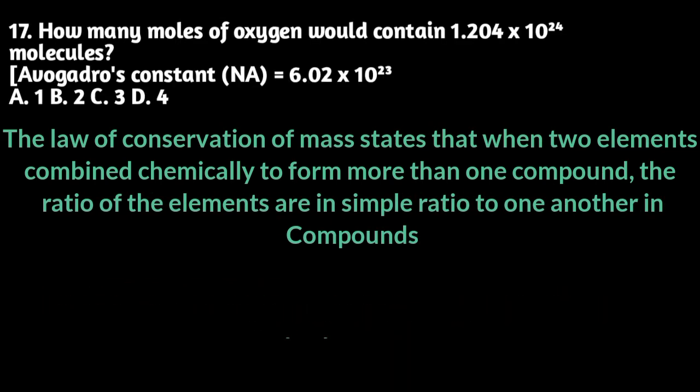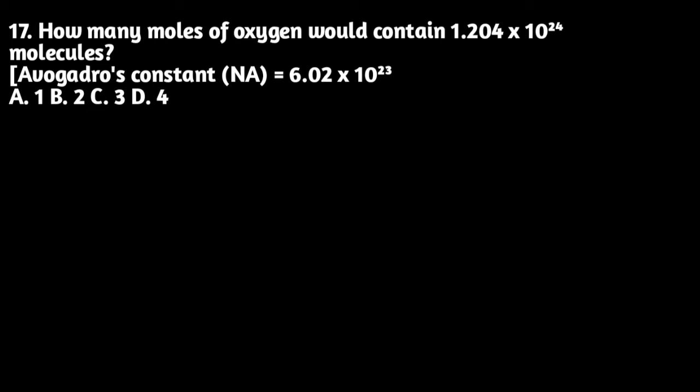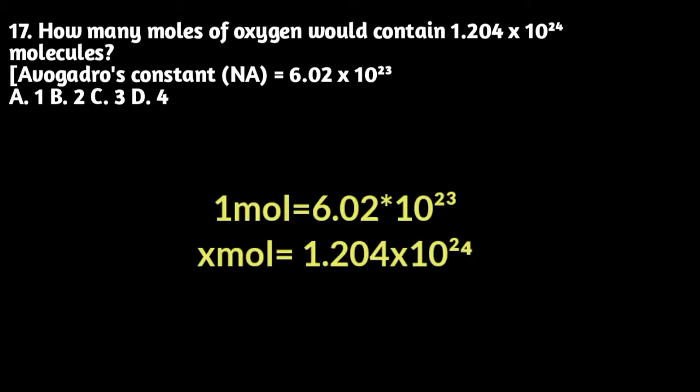How many moles of oxygen will contain 1.204 times 10 raised to the power 24 molecules? If you are assuming that Avogadro's constant is equal to 6.02 times 10 raised to the power 23, I need you to understand that 1 mole is equal to 6.02 times 10 raised to the power 23. An unknown mole, which is x mole of oxygen, is also going to give us this value they dropped here, 1.204 times 10 raised to the power 24.